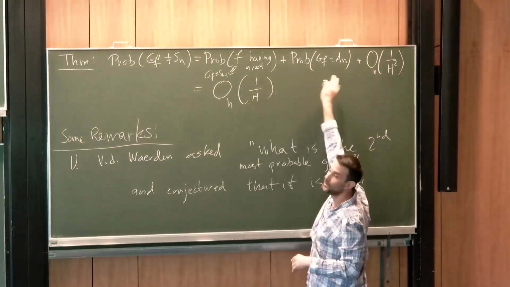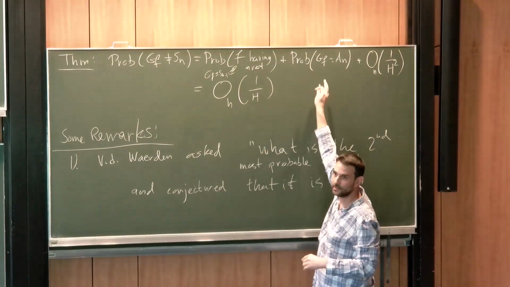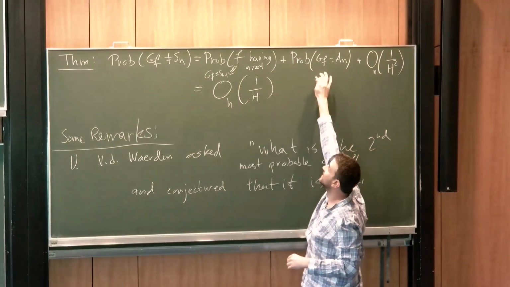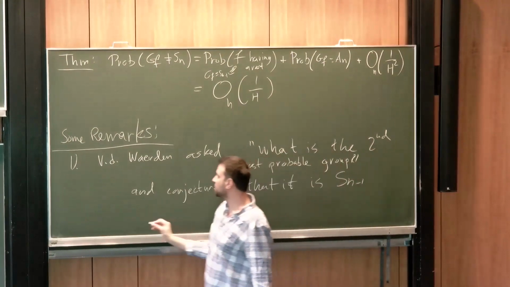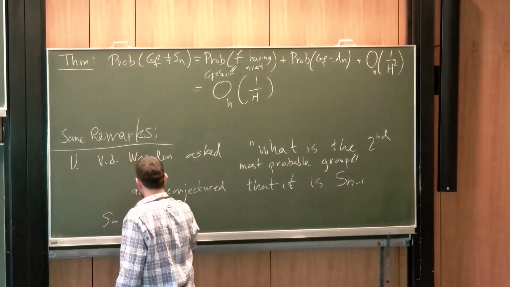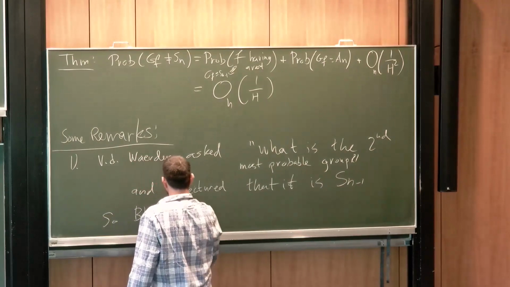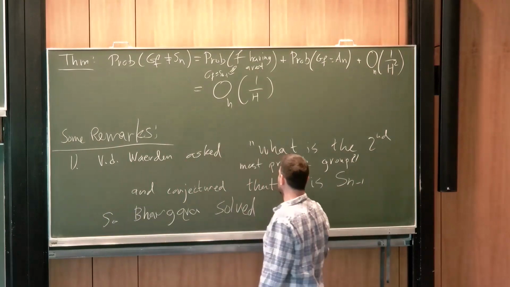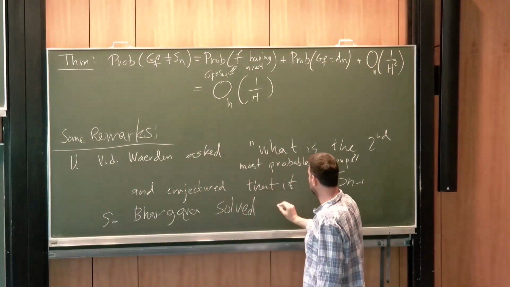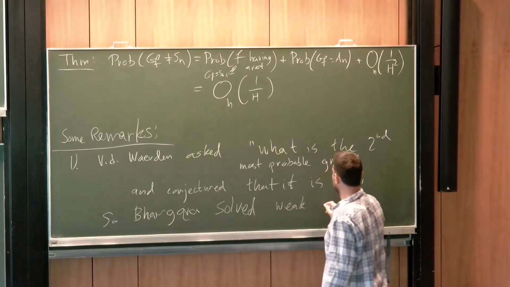And we still don't know which appears more frequently, but at least we know that this doesn't appear, up to a constant, faster than this. So Bhargava solved a weak version of this conjecture.